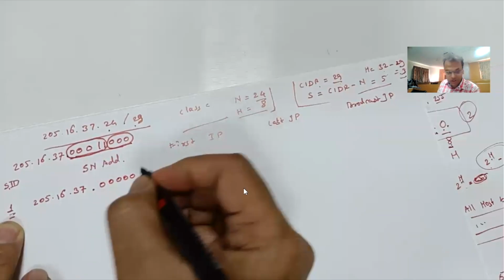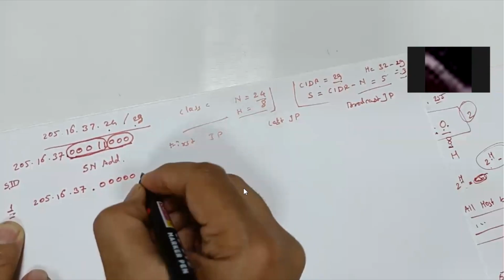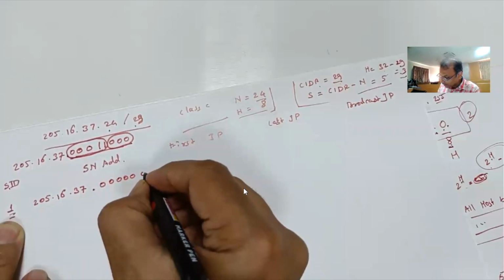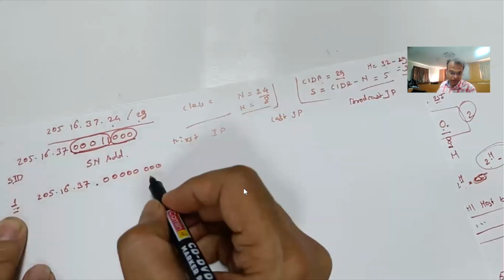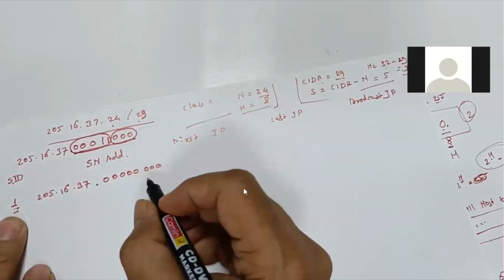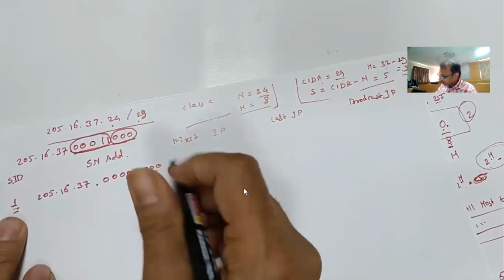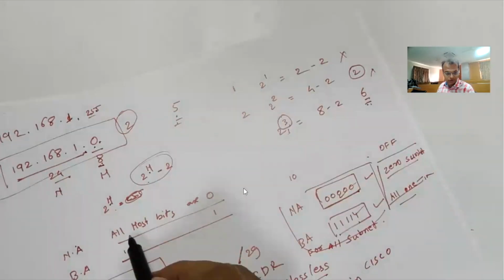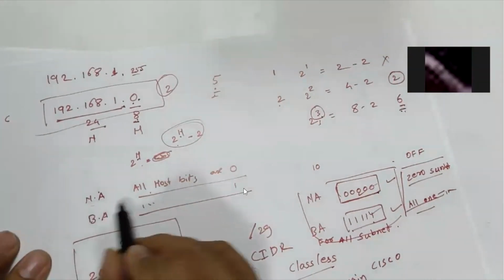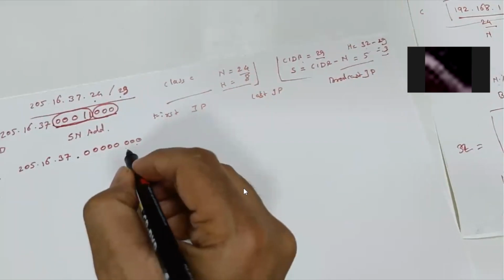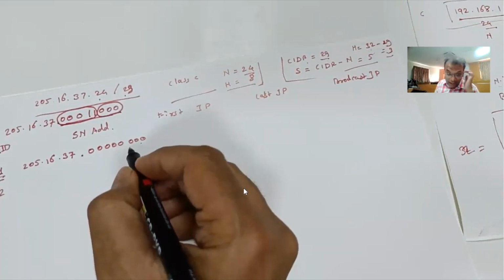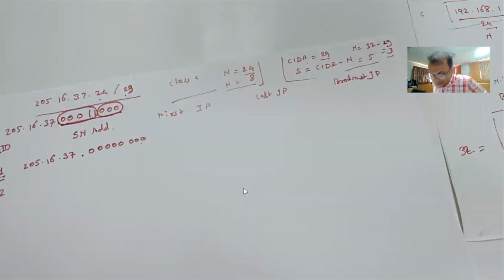I'll start with all zeros. And then all host bits also I will keep as 0 because I'm talking about the subnet address. It is not an IP address. When I'm not talking about any IP address, all the host bits are 0. That we have already seen. But 0 subnet is reserved, right? I'll tell you the reason a bit later.